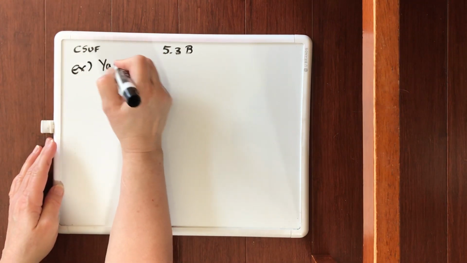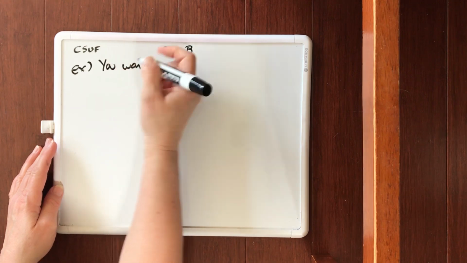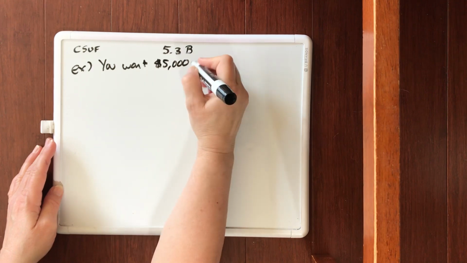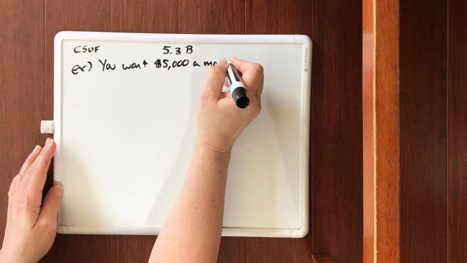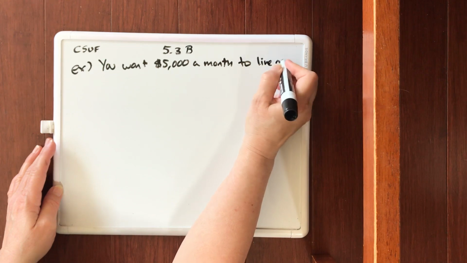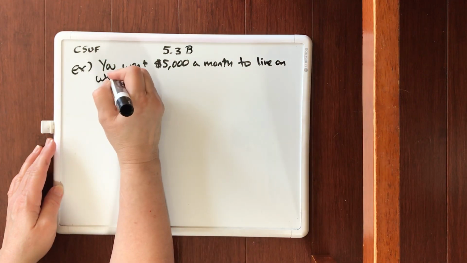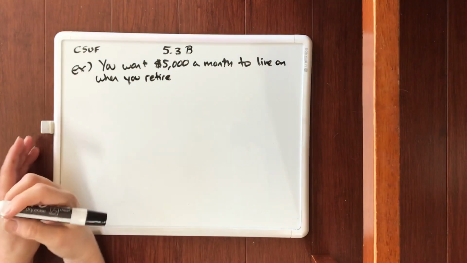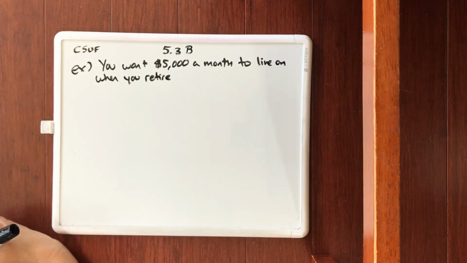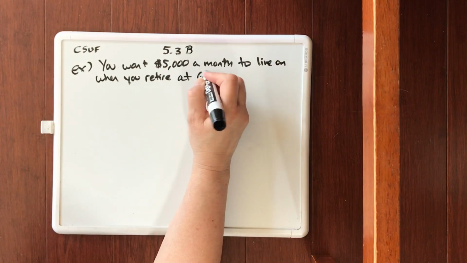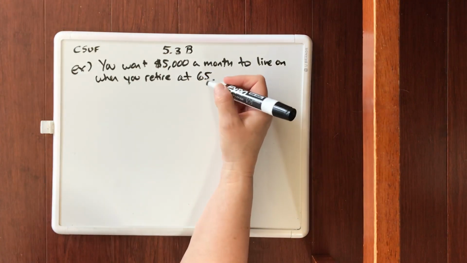Let's say you want $5,000 a month to live on when you retire. Okay, you want $5,000 a month to live on when you retire. And let's say at 65 years of age, okay?